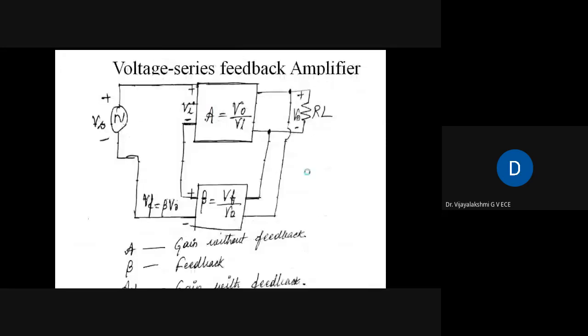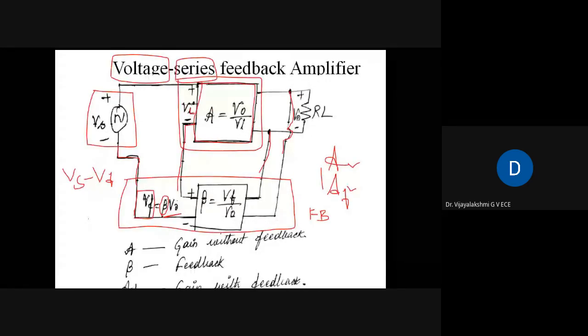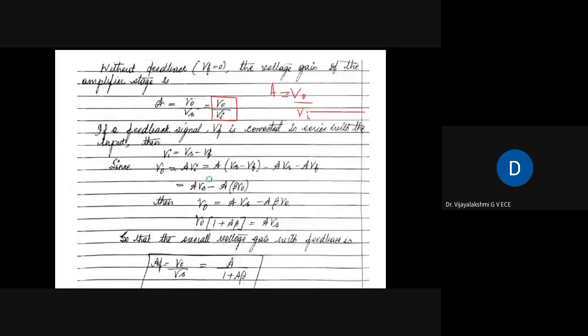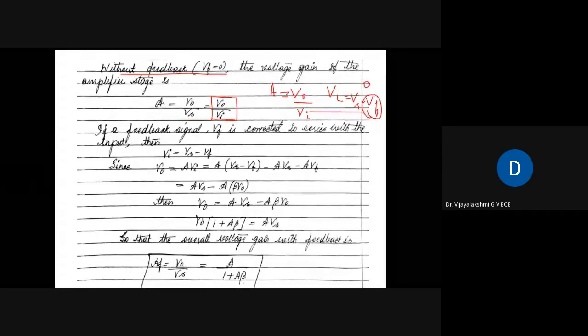If you refer to this figure, as per this figure, Vi is equal to Vs minus Vf. So when there is no feedback, Vf is equal to 0, so Vi is equal to Vs. That's why I've written here A is equal to V naught divided by Vs. So this is when there is no feedback.